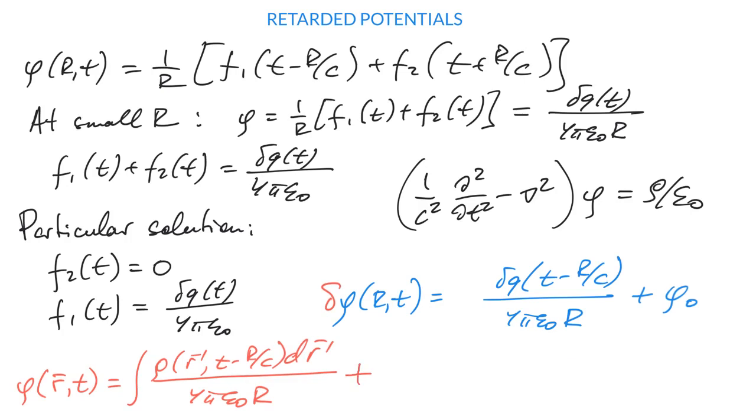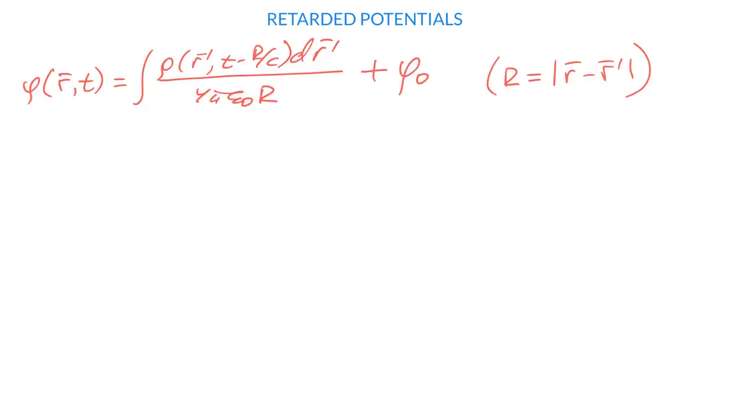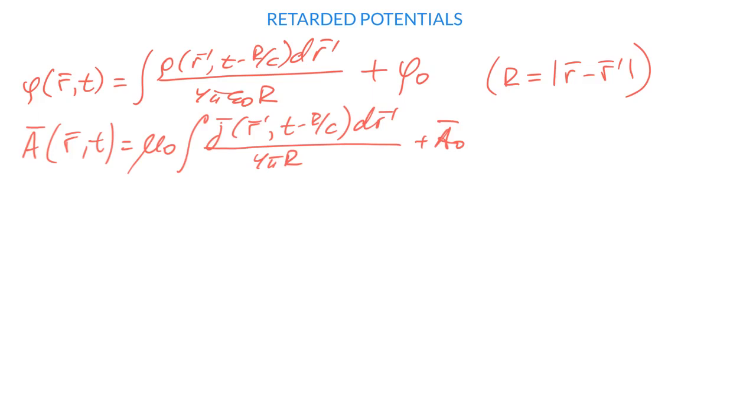Of course, there can also be a homogeneous part, and here when we integrate over the whole volume, r is reinterpreted as the distance between the charge and the point of observation. This was the result for the scalar potential, and because the equations are essentially the same for the vector potential with different sources, we have the same answer for it. These expressions are called the retarded potentials because of the retarded time argument.